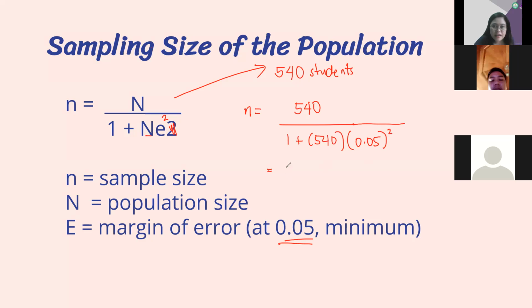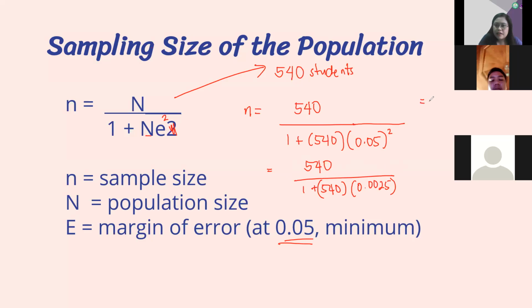And then we square it. So this is 540 divided by 1 plus 540 times 0.05 squared, which is 0.0025.